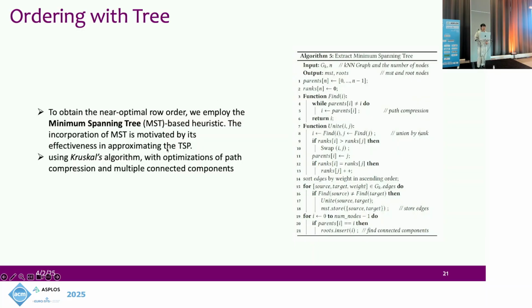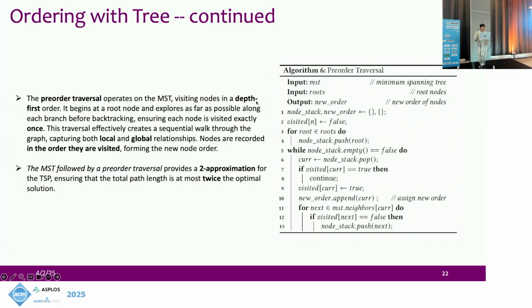And here specifically, we use the Kruskal algorithm with the optimization of path compression and multiple connected components. After that, we apply the pre-ordered DFS on the MST to obtain the final order. And this solution provides a two approximation for the TSP problem, ensuring that the total path is at most twice the optimal solution.